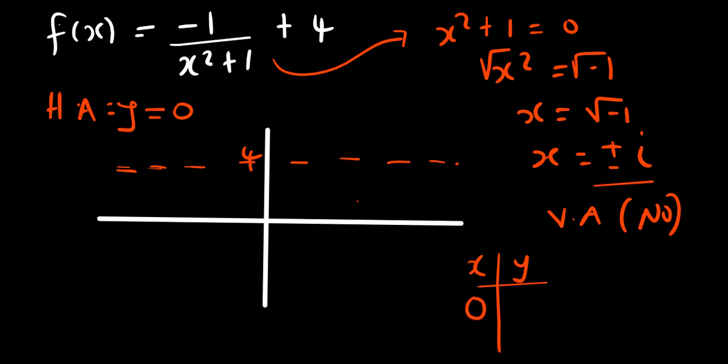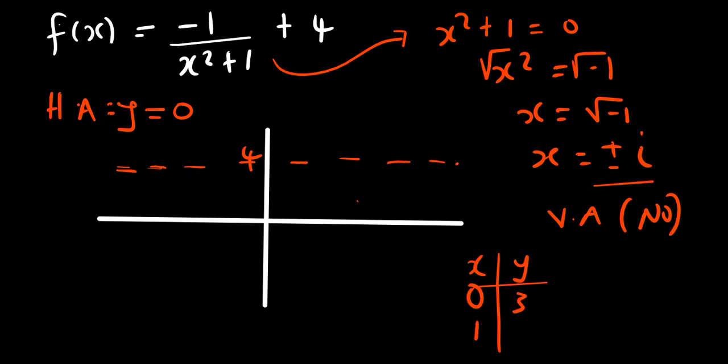Let's say if you put a 0 in the function everywhere here, you realize if I put a 0 here, you have 0 plus 1, a negative 1 divided by 1, that is just a negative 1. Negative 1 plus 4, that will give you a positive 3. So when you have 0 here, we are getting a 3.